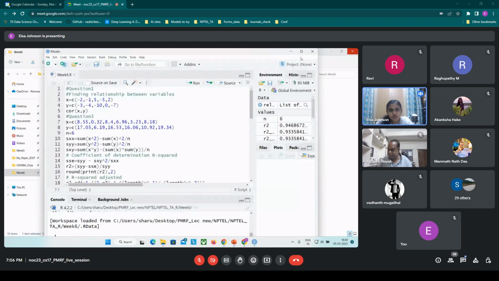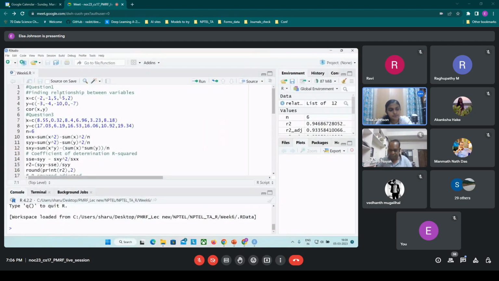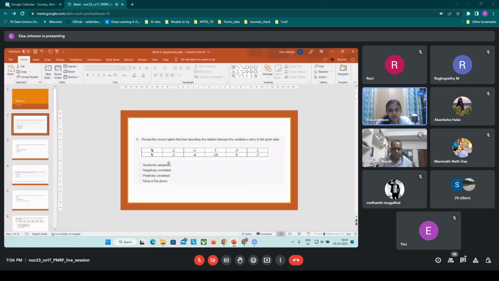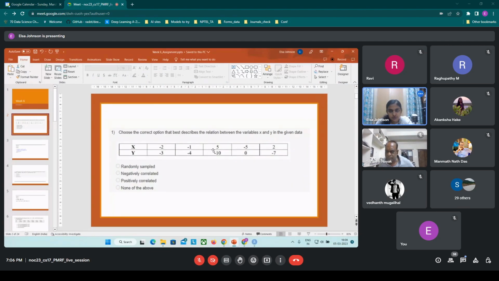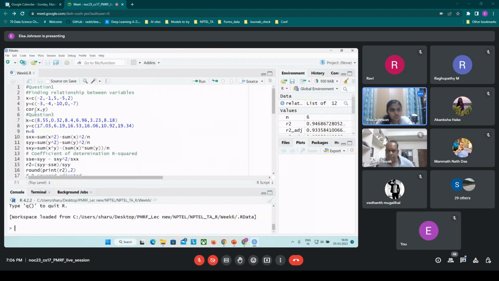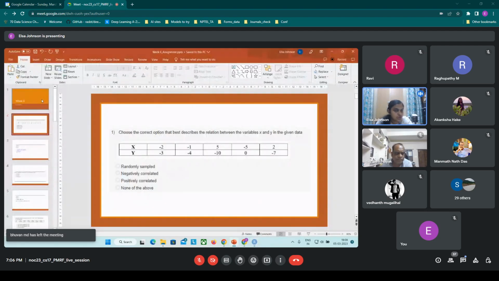Okay, so this is question one. These are the values. There are two options actually: you can see a covariance or a correlation. If your result is coming as a minus value, then it can be told these two variables are negatively correlated.